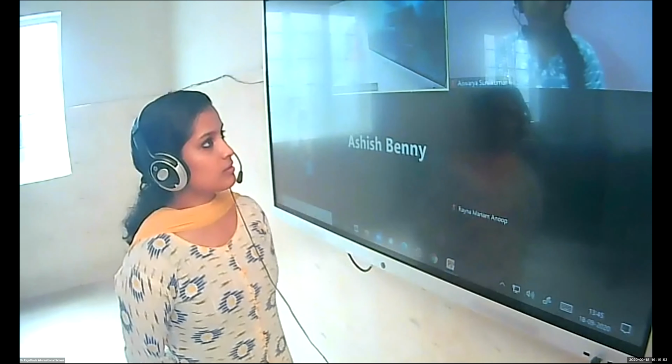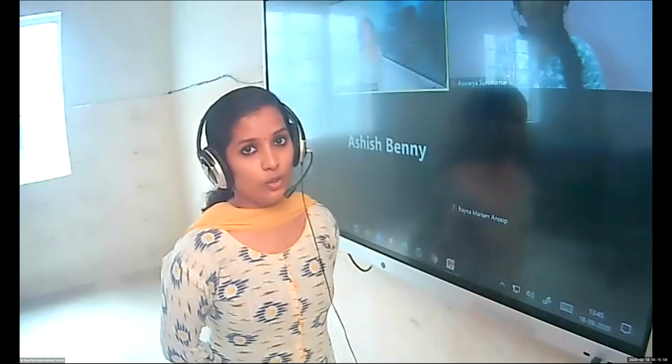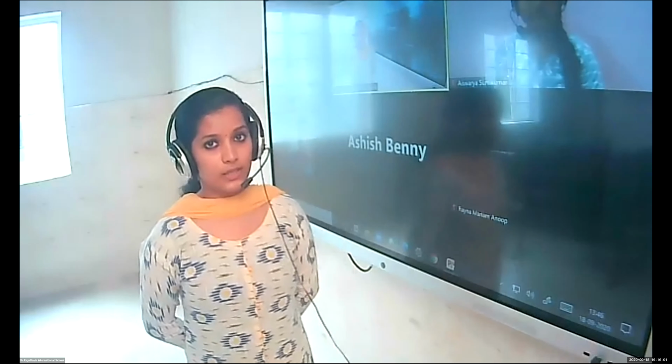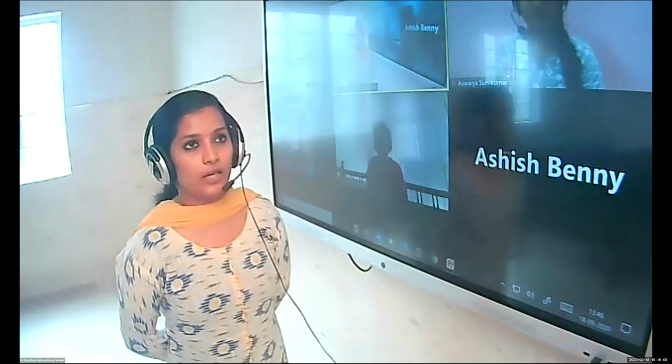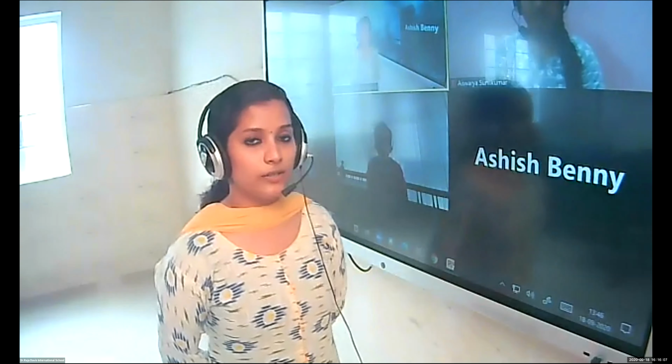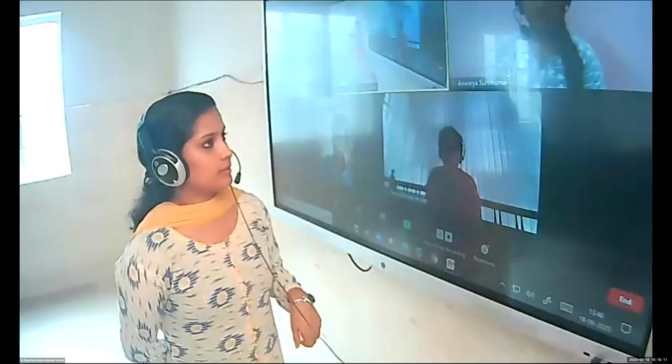Cause-effect relationship. We try to establish a cause-effect relationship in an experiment, to find out what is the effect of a particular cause that we are inducing in the experiment.